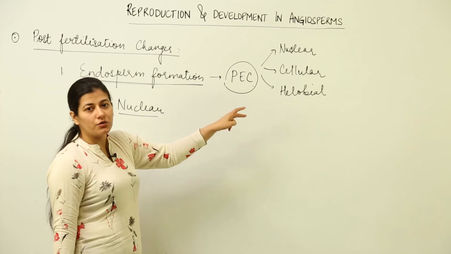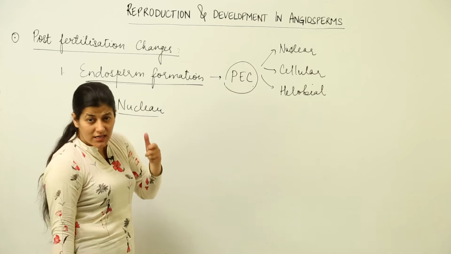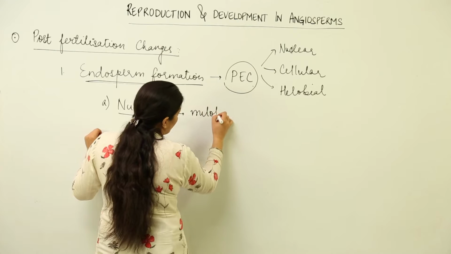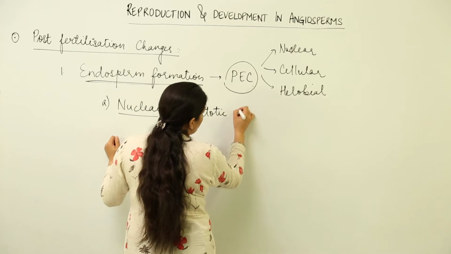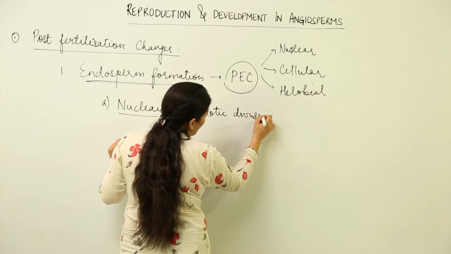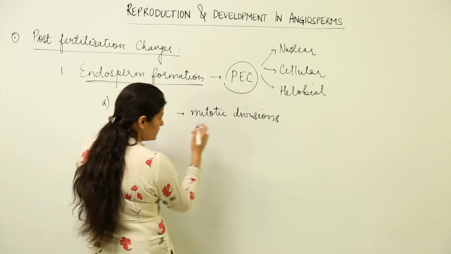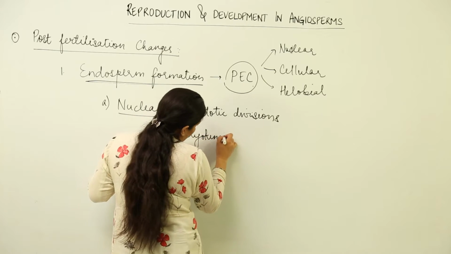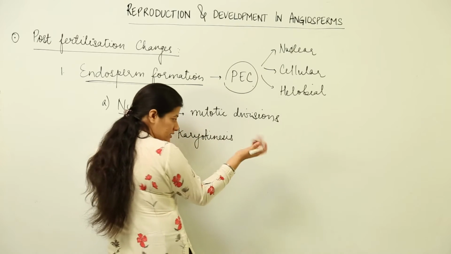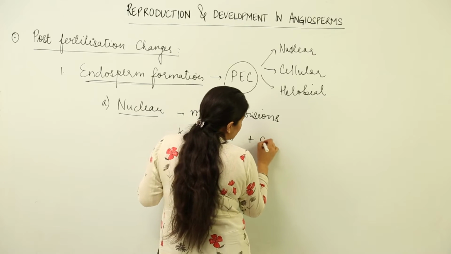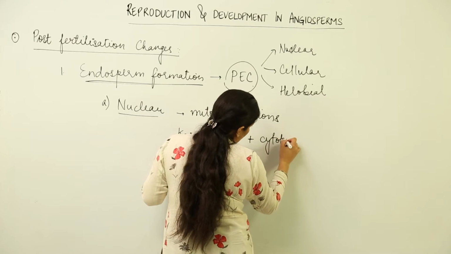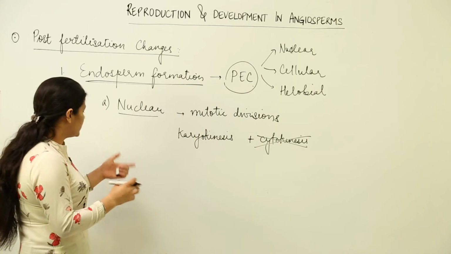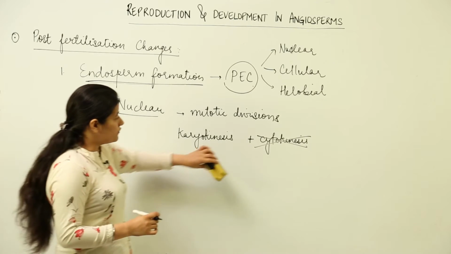This cell undergoes repeated mitotic divisions, but these mitotic divisions are not followed by cytokinesis. That means karyokinesis is taking place. You are getting many nuclei being formed as a result of mitotic division, but cytokinesis is not taking place. Cytokinesis is absent. That means the condition that arises is that of a syncytium.